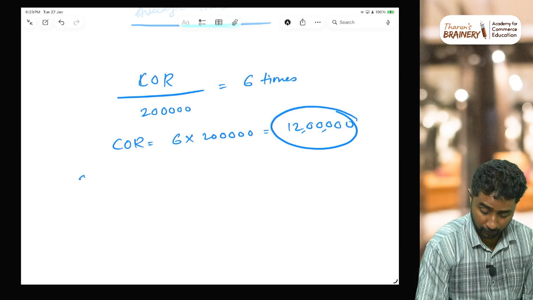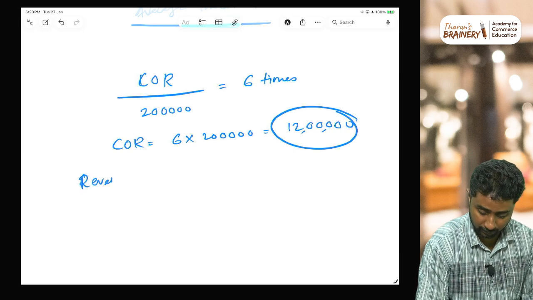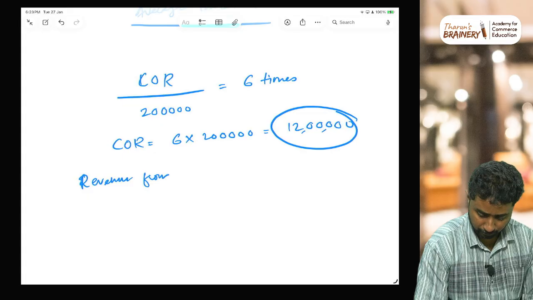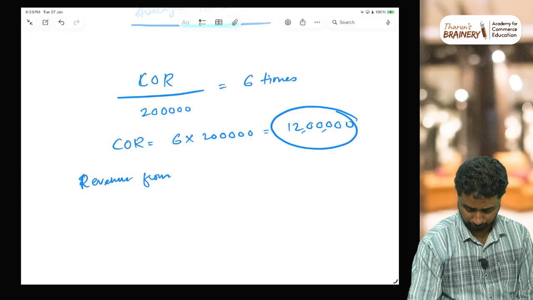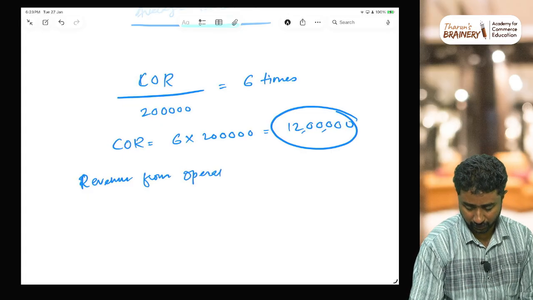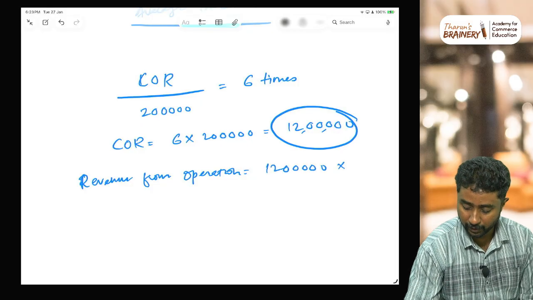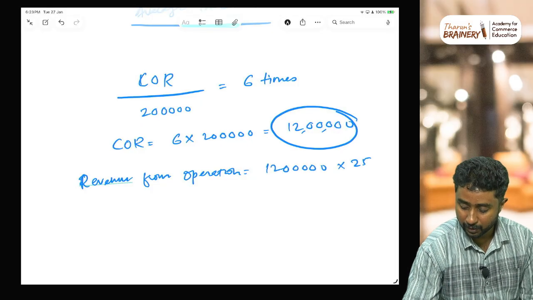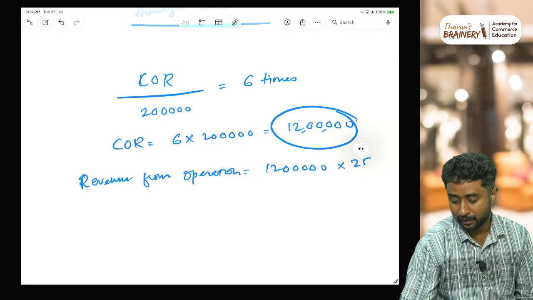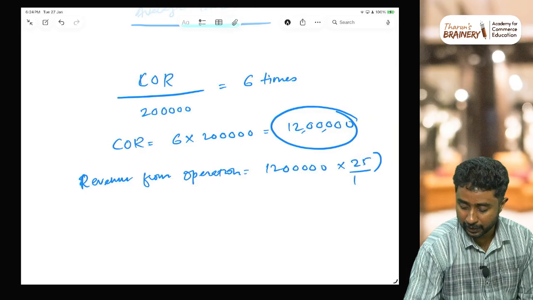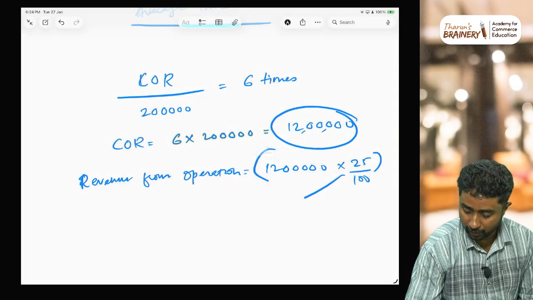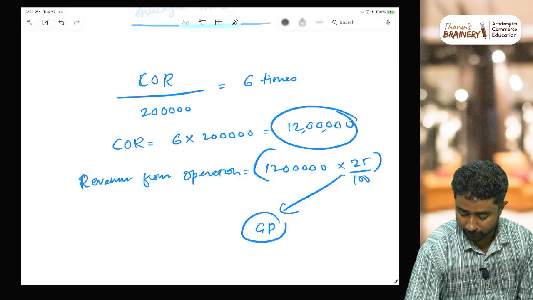Now what are we supposed to find? Revenue from operations. So finally we have reached the stage. Revenue from operations, how to find? 12 lakhs, 25% more. If you add that, then you will get the answer. So 25% on 12 lakhs is directly gross profit.